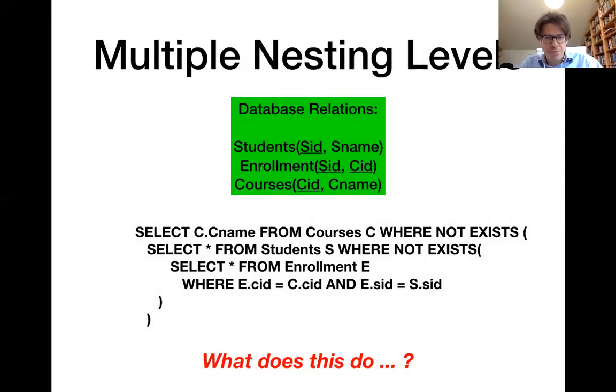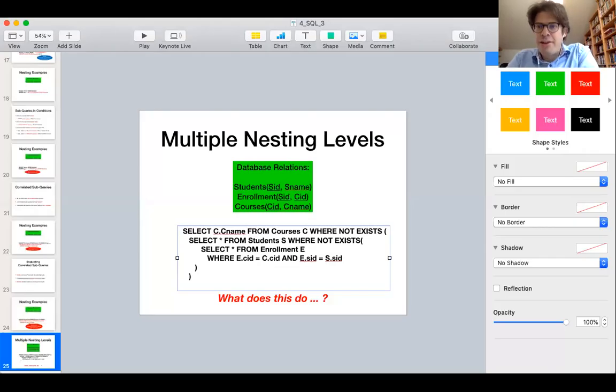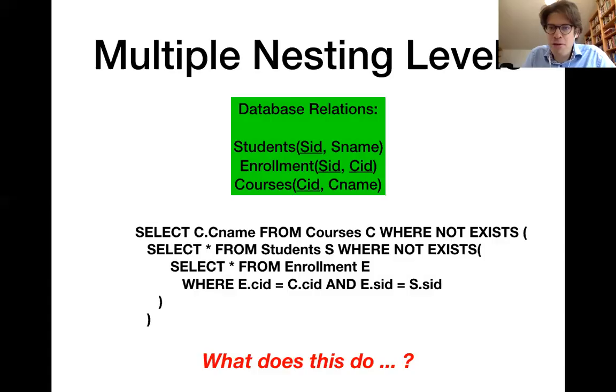All right. So that is what we will see about SQL. Now, this is probably the most difficult query that we have seen in the course, and I encourage you to think a little bit more about it and to make sure that you understand what's going on there, and also perhaps to experiment a little bit with some nested queries yourself.